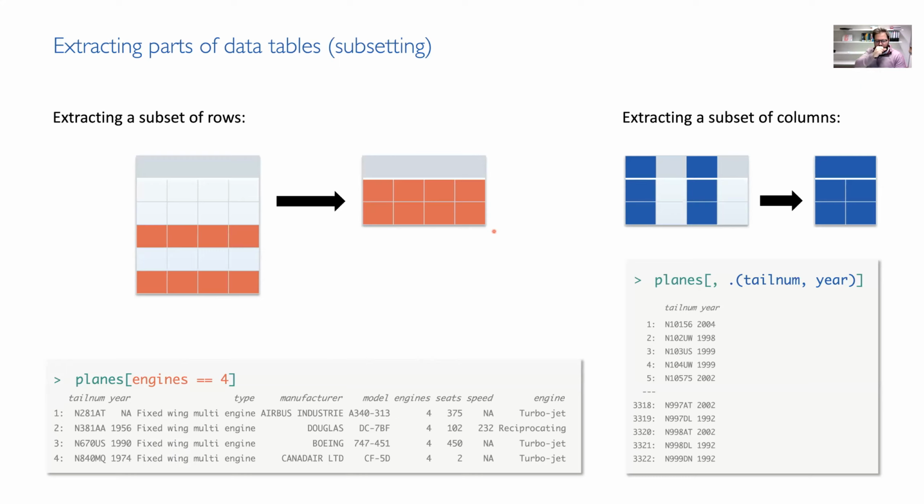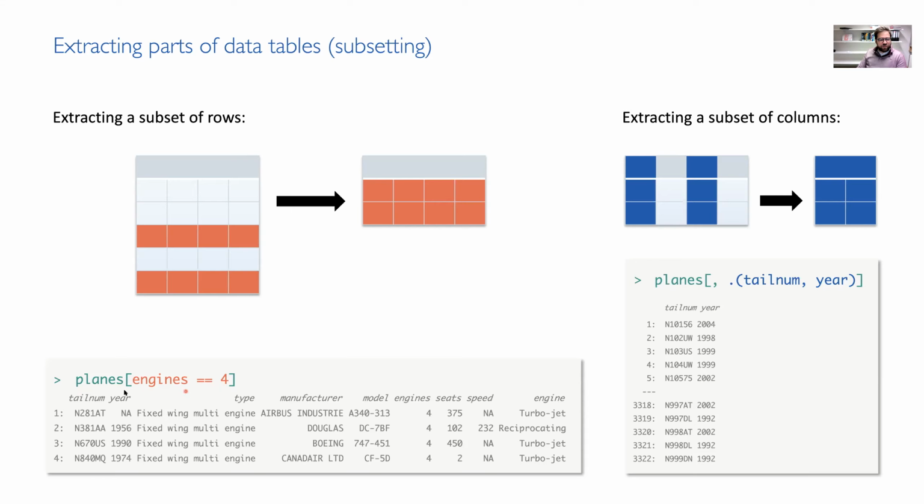Yeah, so let's just say we have a table and we just want to get a subset of rows from the table. For example, we want to look at all planes that have 4 engines. The way we do that is we just write this logical statement here as the first argument: engines equals 4.